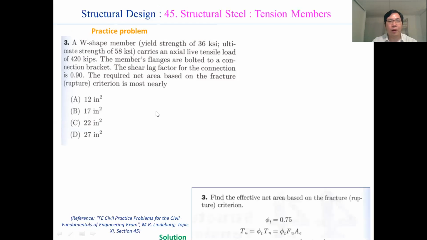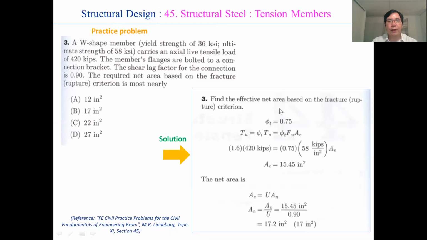For this one, firstly, you find the effective net area based on the fracture criterion.